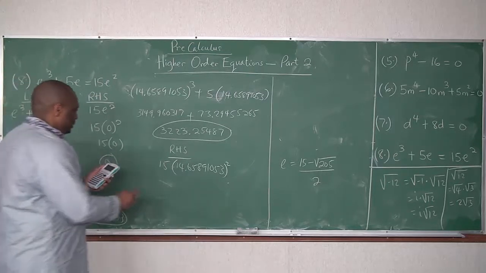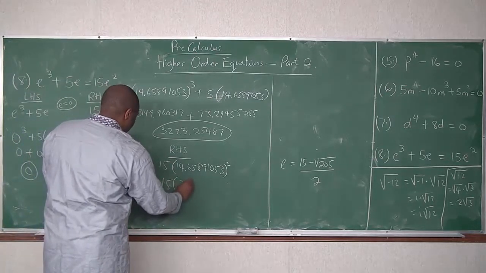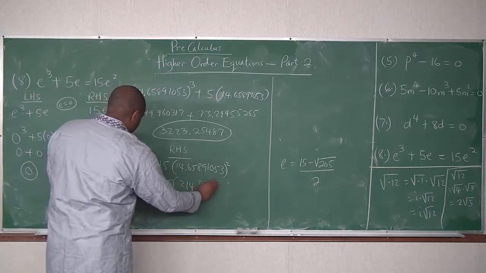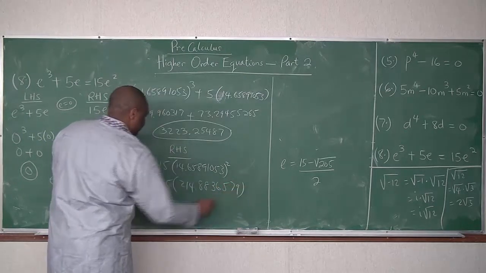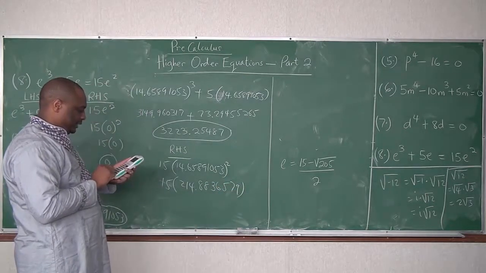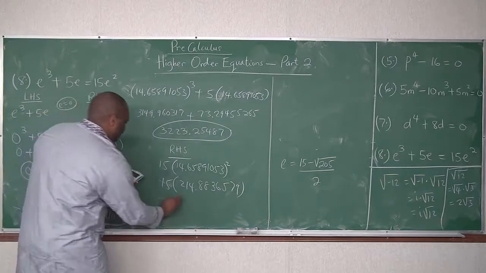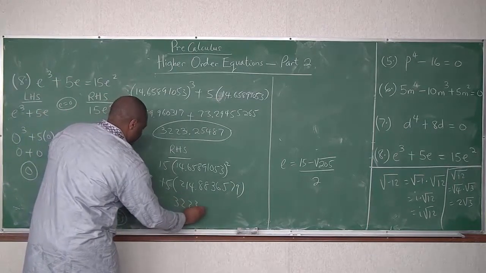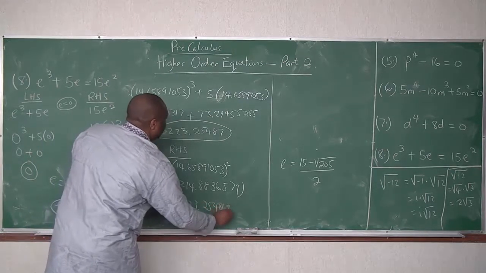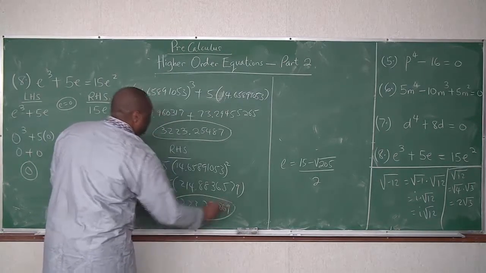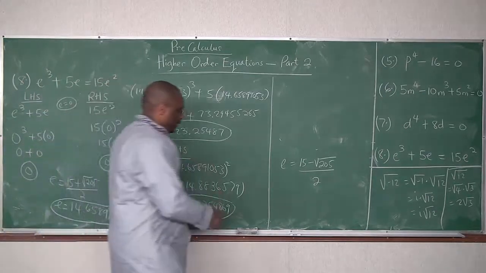Okay, so this is 15 times 214.8836579. Then this times 15. And that gives me 3223.254869.